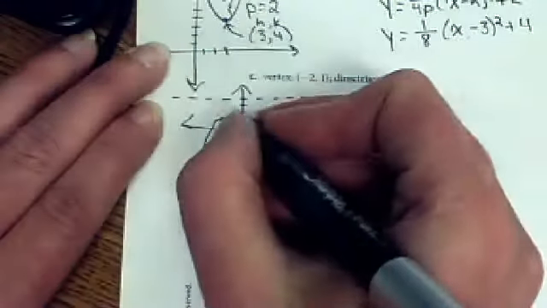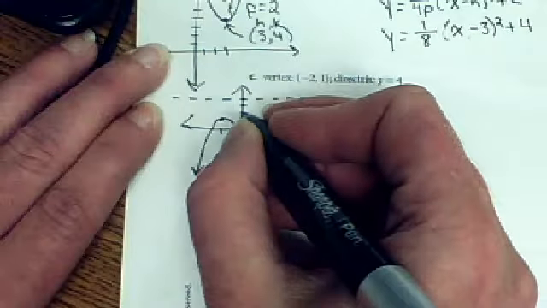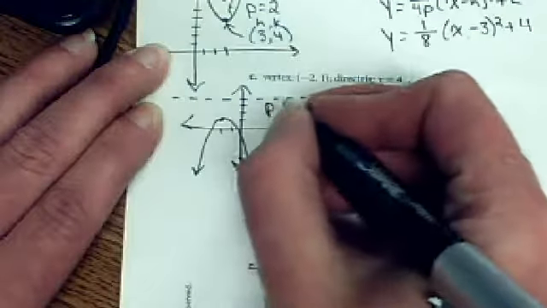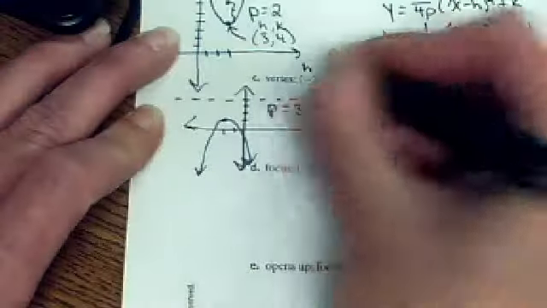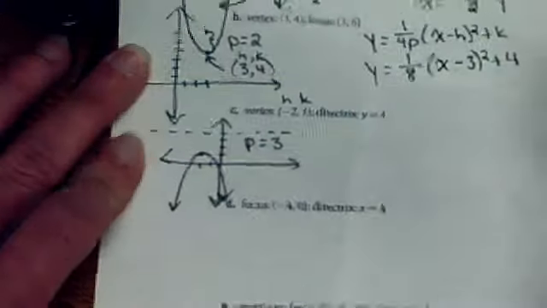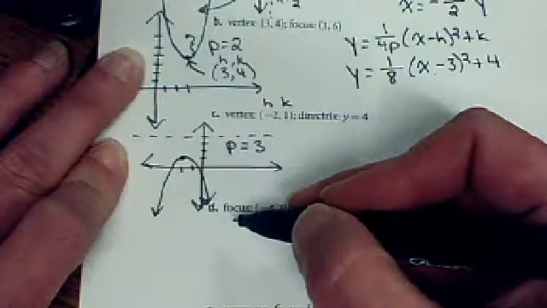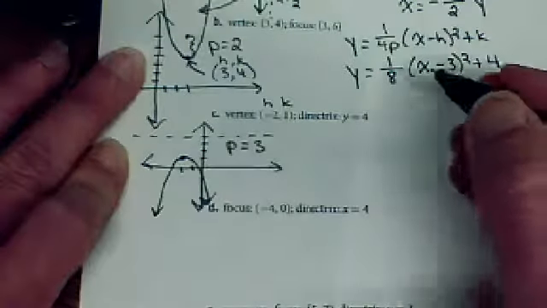How far is our distance from the vertex to the directrix? Well, here's a 1, so it's 3 steps. Our p is 3. Negative 2 is going to be the h, and 1 is the k. We are again having a vertical parabola, but since it's opening down, it's going to be negative.